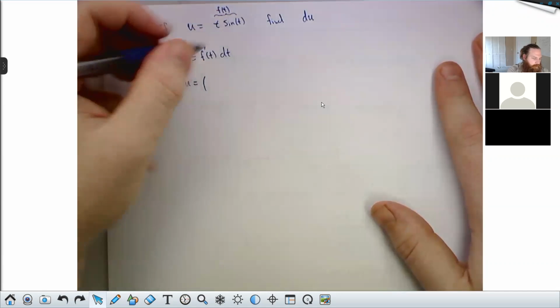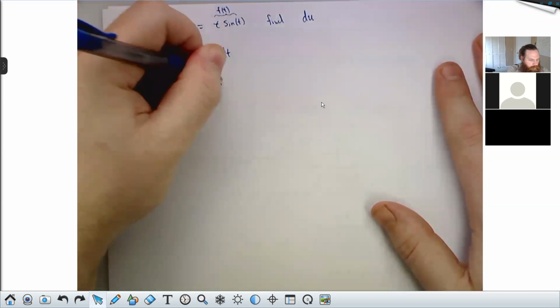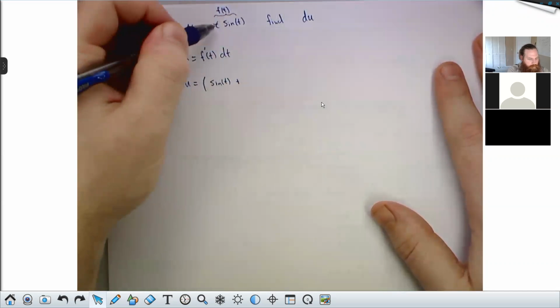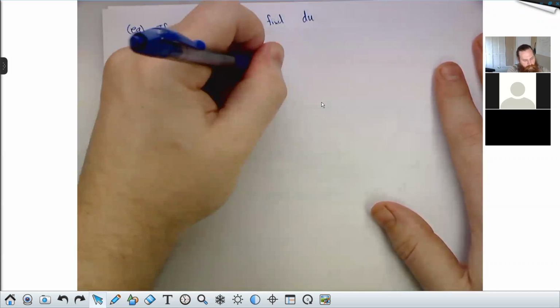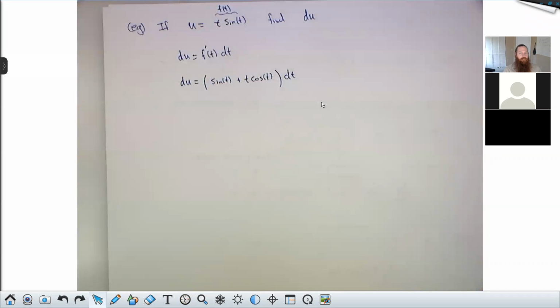So I differentiate the t, leaving the sine t alone. And then I add that to what I get when I leave the t alone and differentiate the sine t. And then I slap on a dt. So here I needed a little product rule to calculate my differential. But it's still the same thing. You just take the derivative and then slap on a dt or dx or whatever your inner variable is. That is, in this case, du. Any questions on calculating a differential?